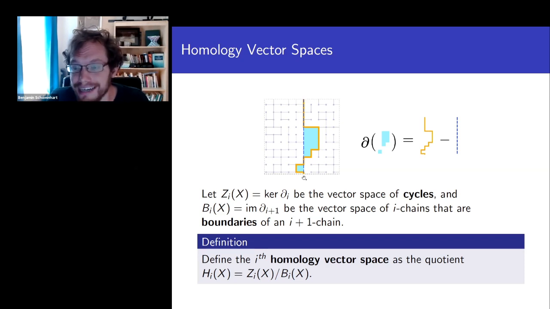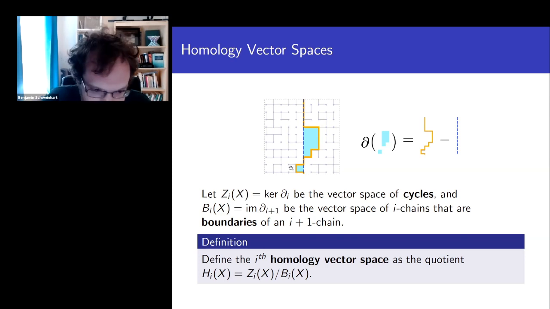These are both one cycles, loops, but they represent the same element of the homology group, because their difference is a boundary, as is shown here. The boundary of this teal, or turquoise, region is the difference between the blue striped path and the orange path. Okay, so homology allows us to look at cycles mod boundaries.